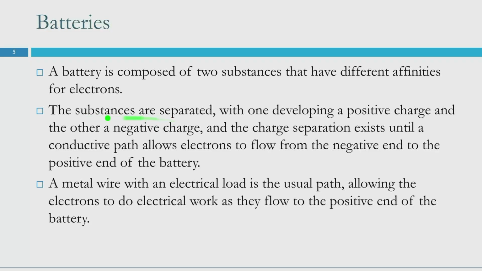When we separate these two substances, one will develop a positive charge and the other a negative charge, and those will exist until we can connect them, like with a wire, which will let electrons flow from the negative end to the positive end.